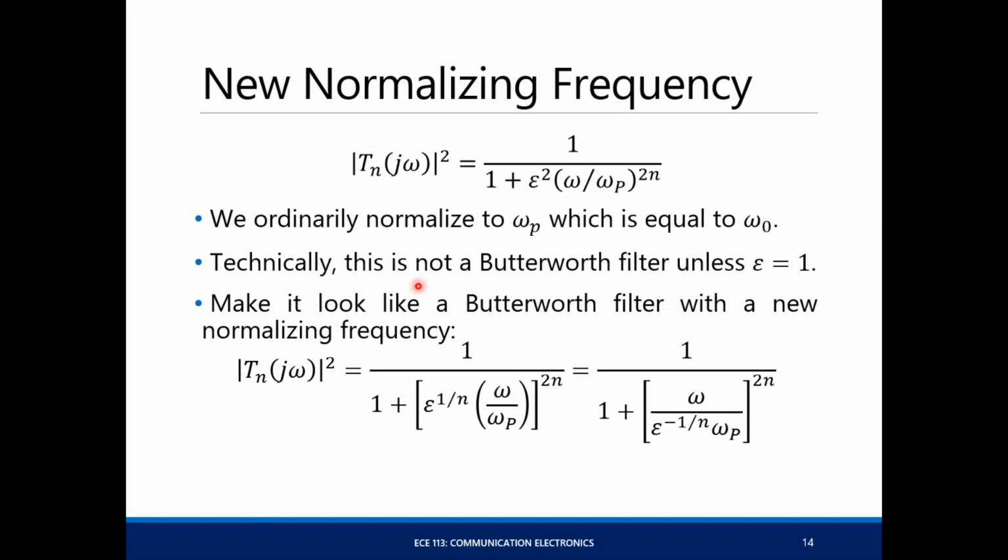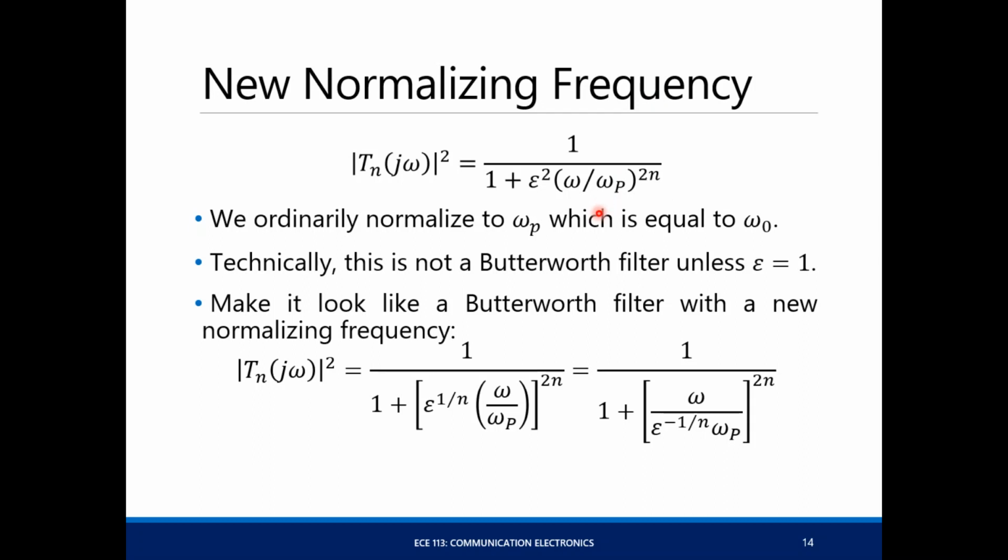Technically, it's not a Butterworth filter since you have a factor epsilon right here. Unless epsilon is equal to 1, it's not a Butterworth filter. So we can make it look like a new Butterworth filter with a new normalizing frequency. This epsilon squared will be cancelled out by getting a new normalizing frequency omega p.